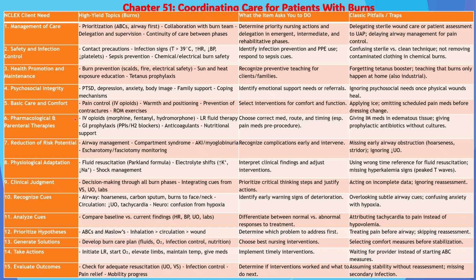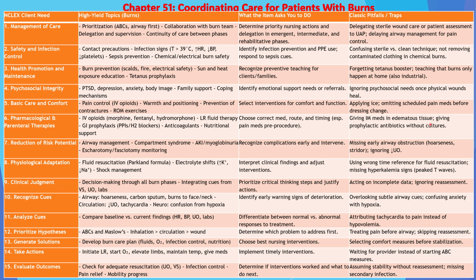Pharmacological and parenteral therapies: IV opioids like morphine, fentanyl, hydromorphone, LR for fluid therapy, anticoagulant, nutritional support. Choose the correct medication, route and timing. Pitfalls: giving IM meds in edematous tissue, giving prophylactic antibiotics without culture.